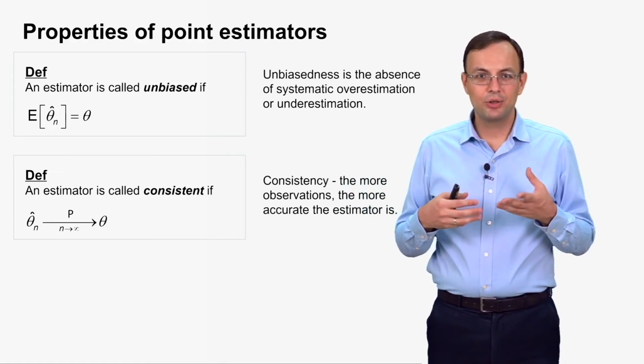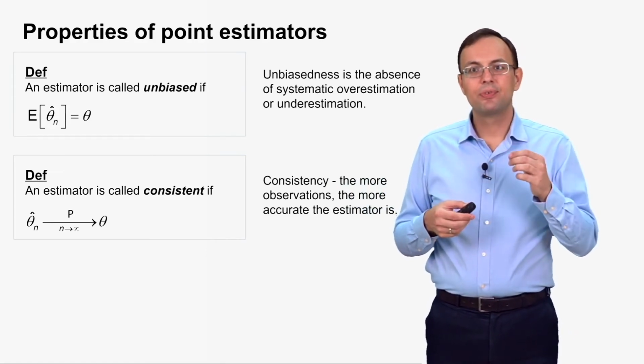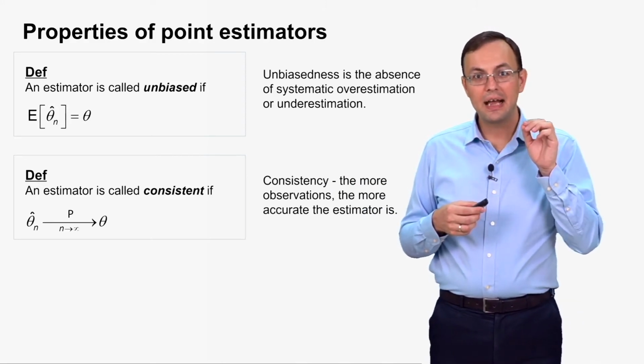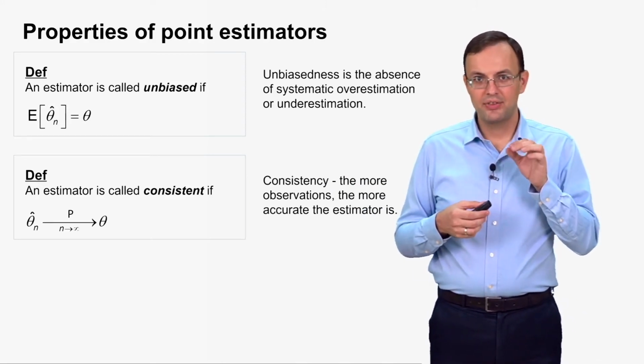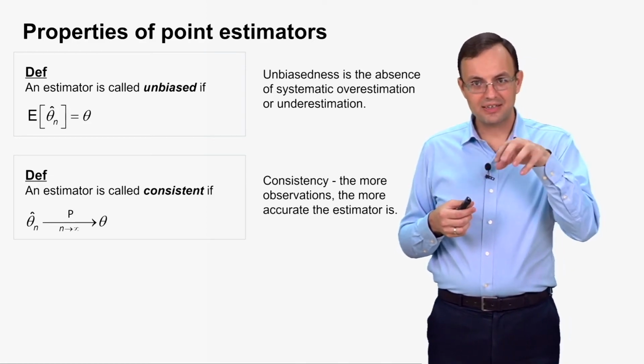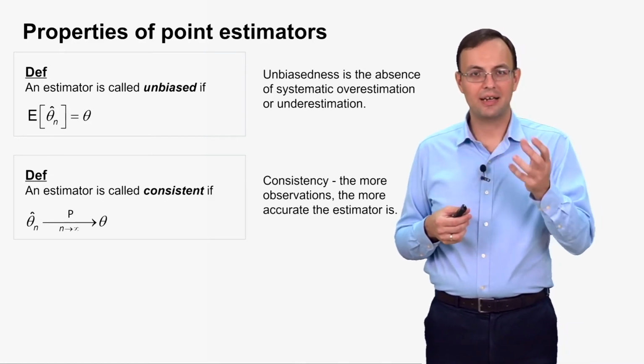And if the estimator is unbiased, then the expected value is equal to the parameter we are estimating.